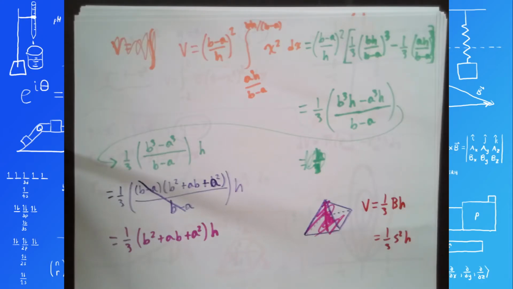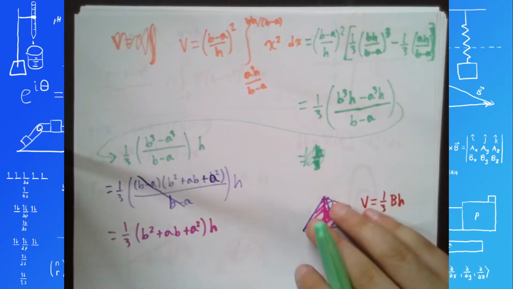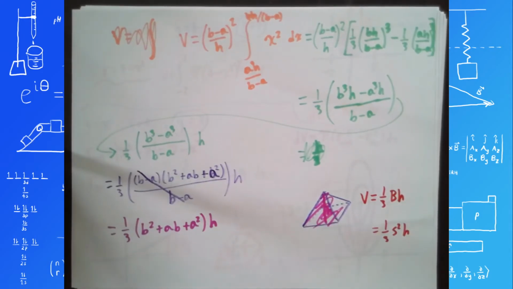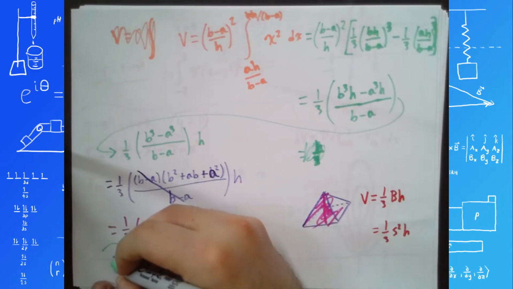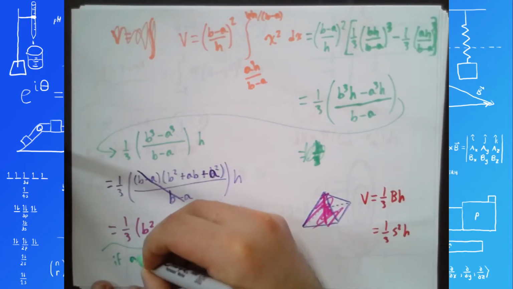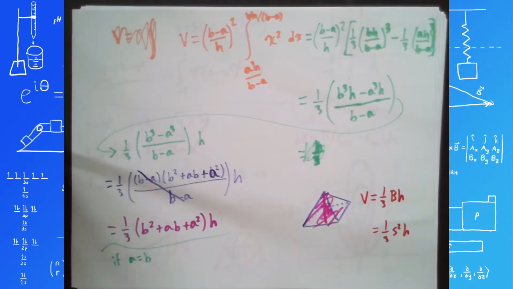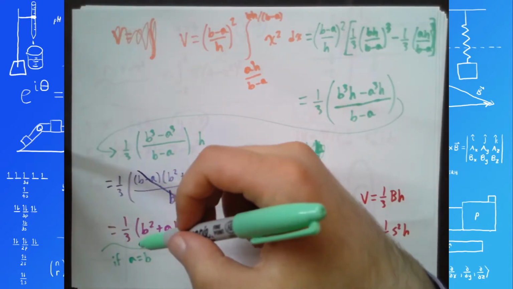And then it was asking what happens if A is equal to B. If A equals B, then this formula would simplify.